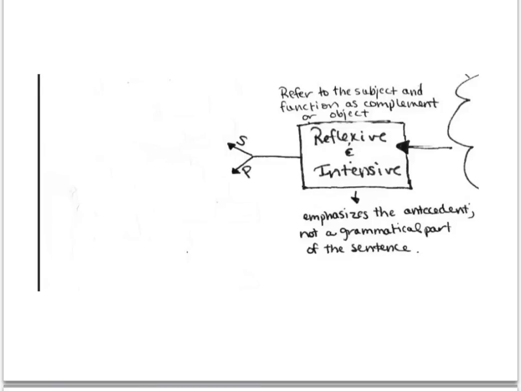Reflexive and intensive pronouns use the same words, but they do slightly different things. So first, let me give you the actual pronouns. The singular reflexive or intensive pronouns are myself, yourself, itself, himself, and herself.